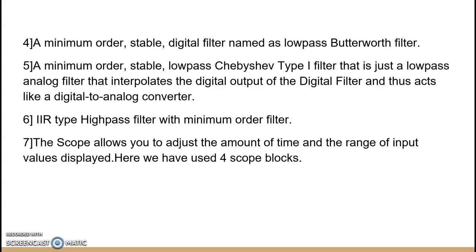Also there is the IIR type high pass filter with minimum order. Then there is the scope, which allows adjusting the time range to display the graphs for the implementation of audio and noise removing filters.